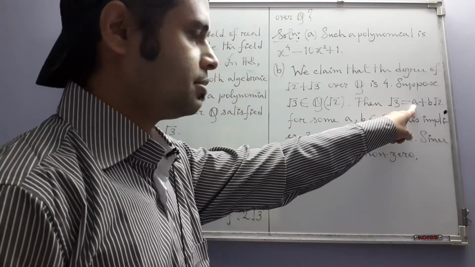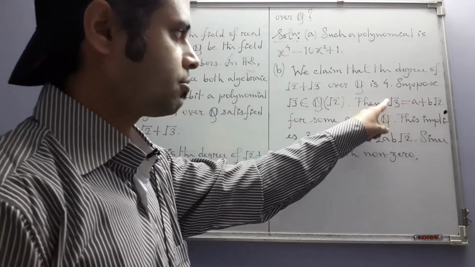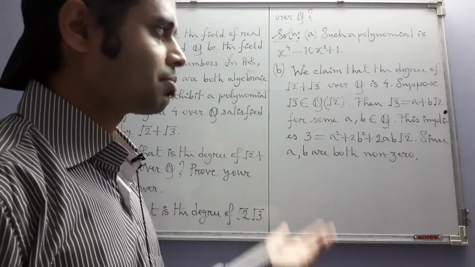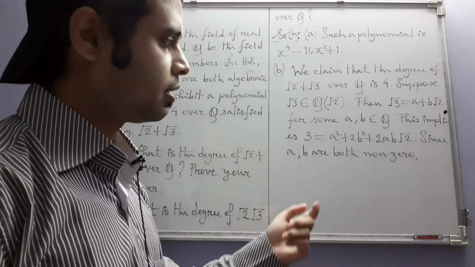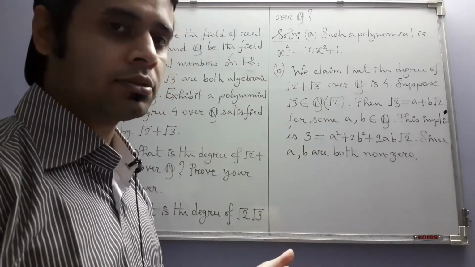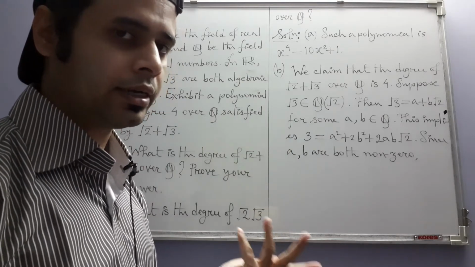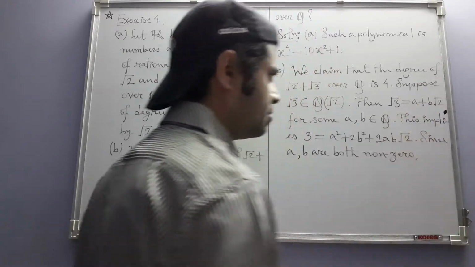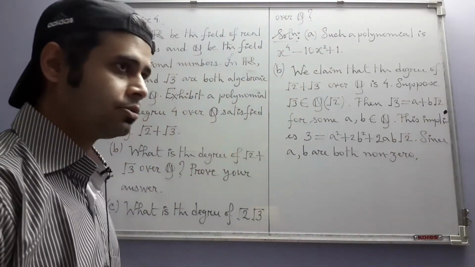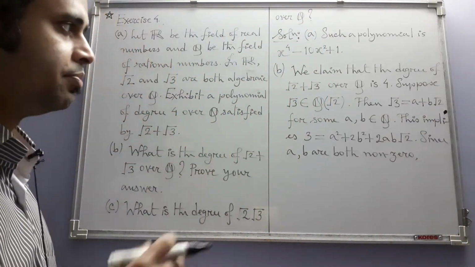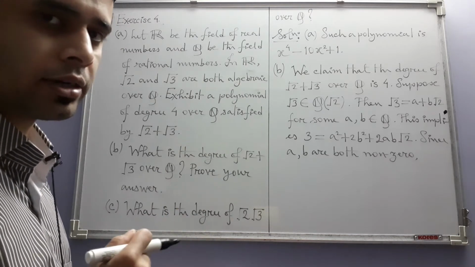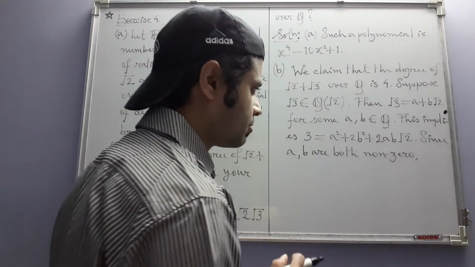If a is 0, then b is square root of 3 divided by square root of 2, which is not possible because b is rational and root 3 divided by root 2 is irrational. That can be proved. Just like that, if b is 0, then a is equal to root 3. So root 3 is irrational and a is rational, so that equality is also absurd.